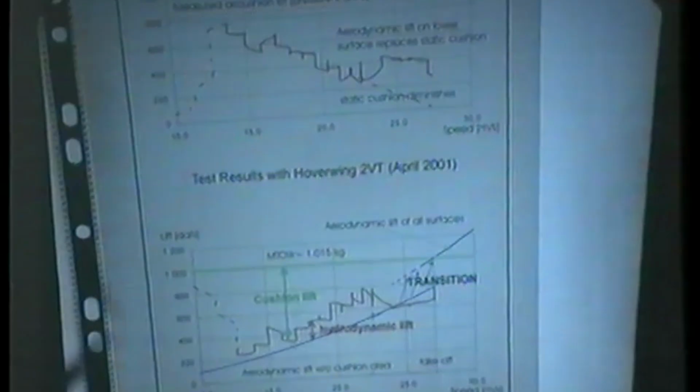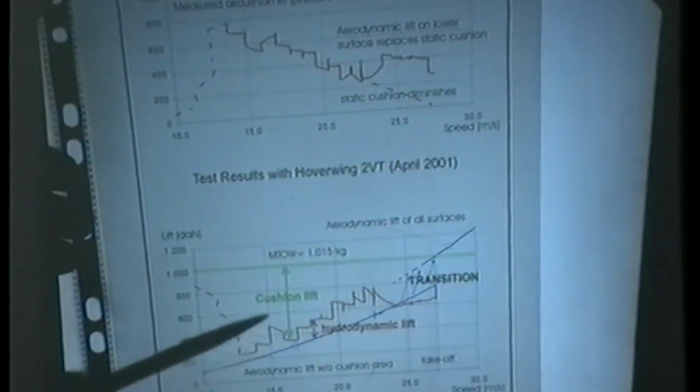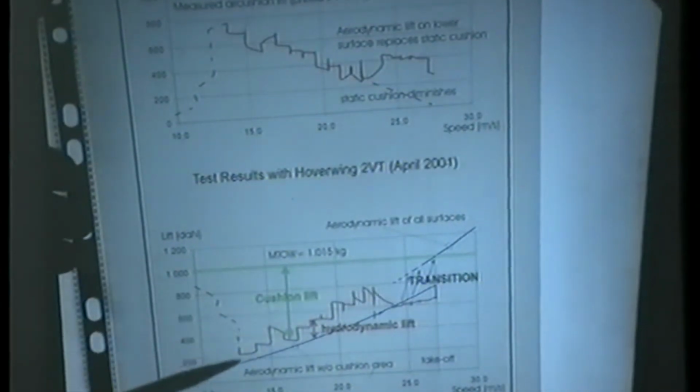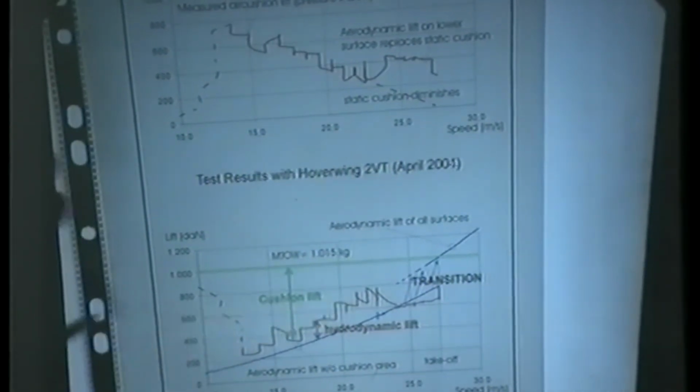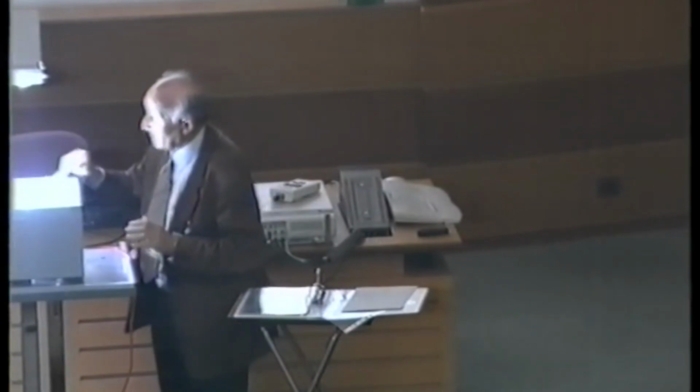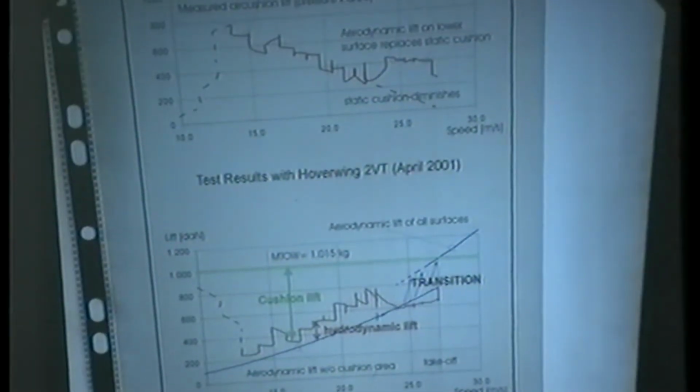This is only possible if you have these data available. And you see the air cushion produces here 80% of the lift. So this is one of the most interesting results when we had the chance to measure during testing, and we have flown 3,000 kilometers testing to collect these data.